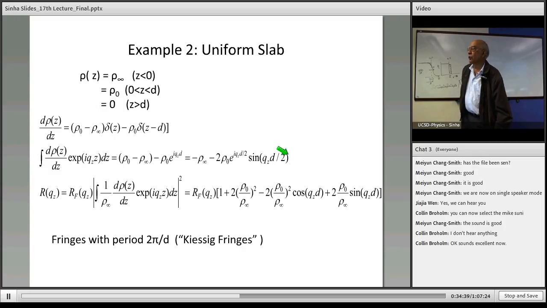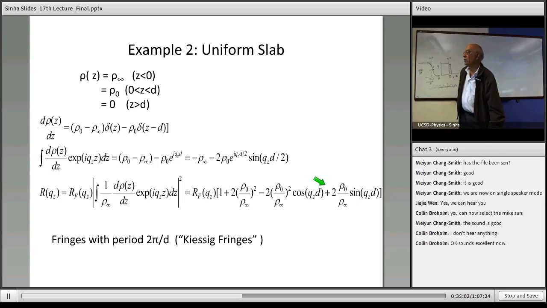And then when you put it all together, divide by rho infinity and modulus square it, and multiply by the Fresnel reflectivity, by doing some simple algebra you get this expression: R Fresnel times a term like this minus this term, cosine QZD plus 2 rho naught over rho infinity sine QZD.